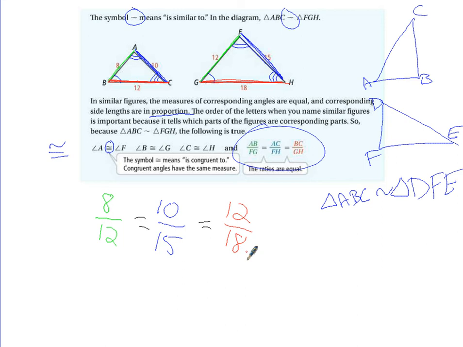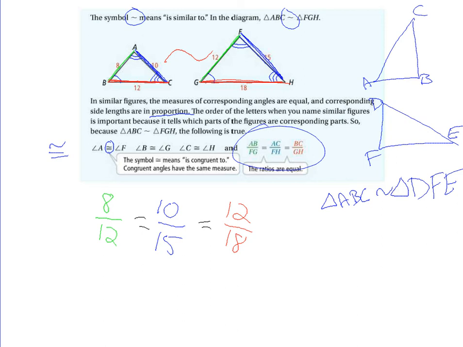And 12 eighteenths reduces down to, again, two-thirds. Okay? So you can write proportions like this, and you will have a true statement as long as the two triangles are similar to each other. And that's what we're working with in this section. Scale models are similar to each other, just like these triangles are similar to each other.